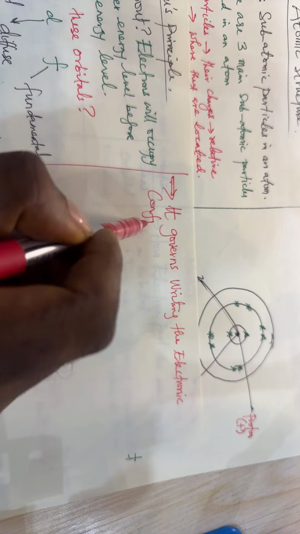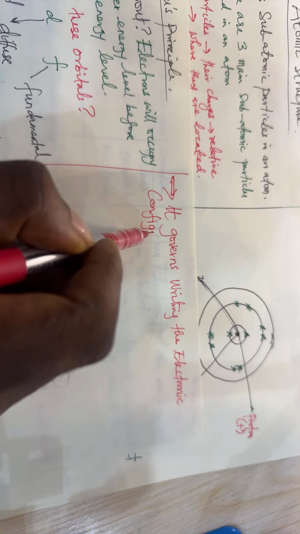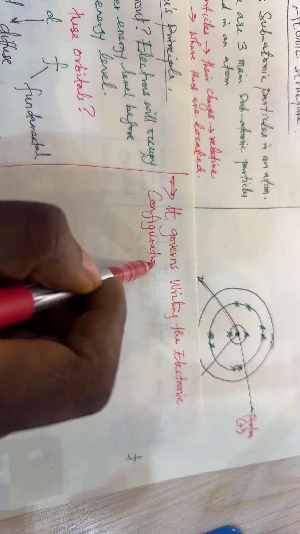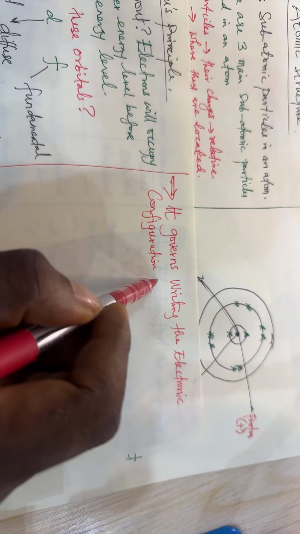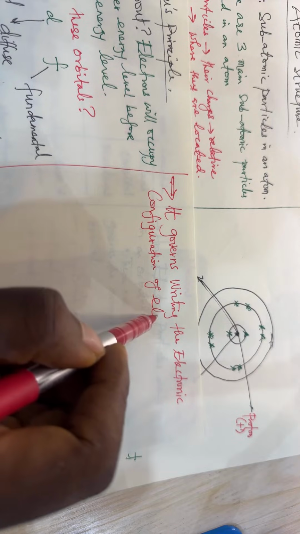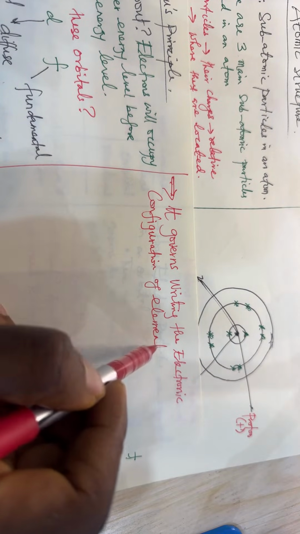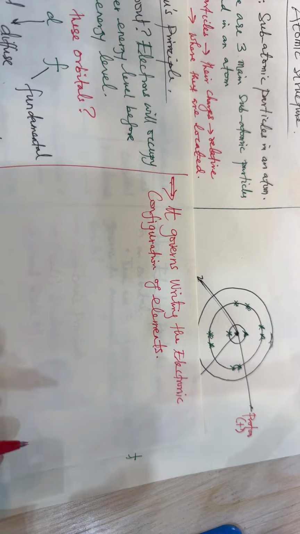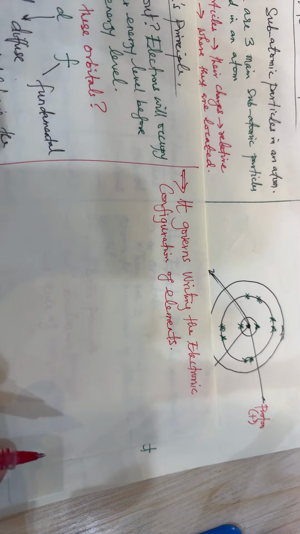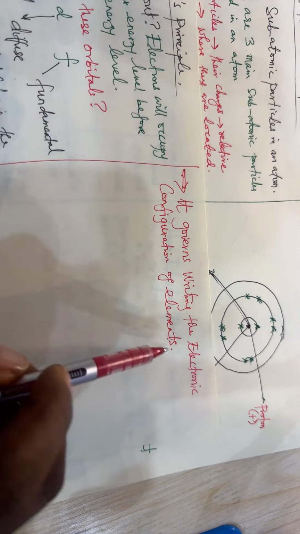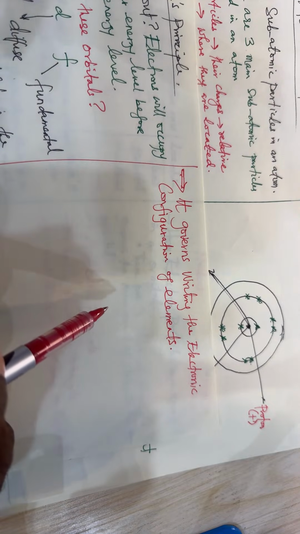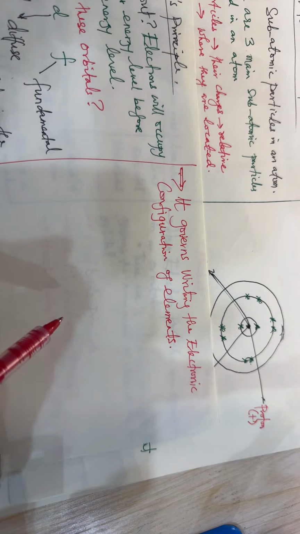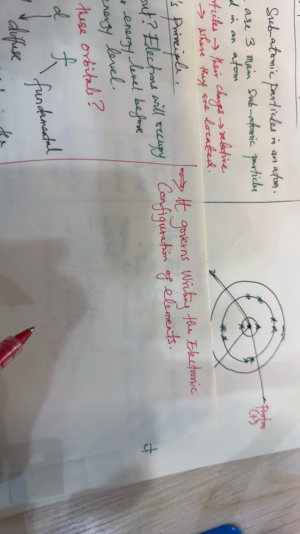In today's class, you're going to learn the electronic configuration of elements. Some of you don't know how to write electronic configuration even up to today, and you're planning for exams. Today, your case will be settled.